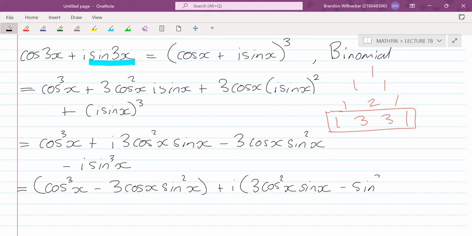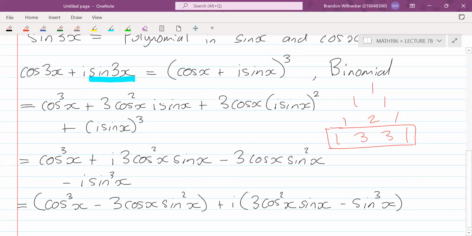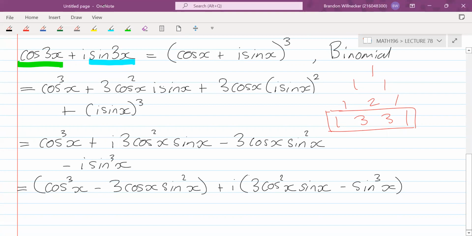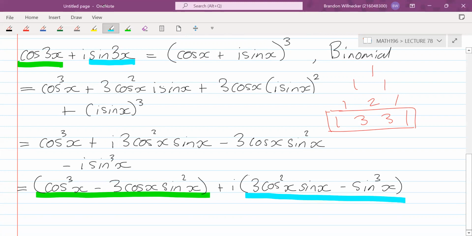And the imaginary part is plus r times 3 cos squared x sine x minus sine cubed x. Okay, so let's just highlight that. So let's say the green part is the real part, the blue part's the imaginary part. We can do the same thing for the right-hand side. So the green part over here, that's the real part. And the imaginary part, we want that to be blue. So now we can just match them.